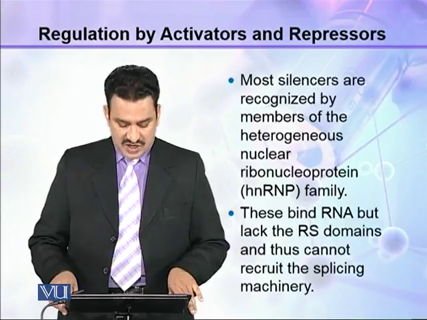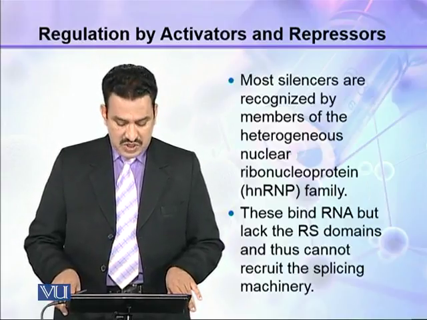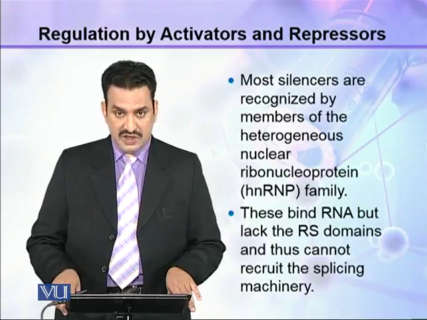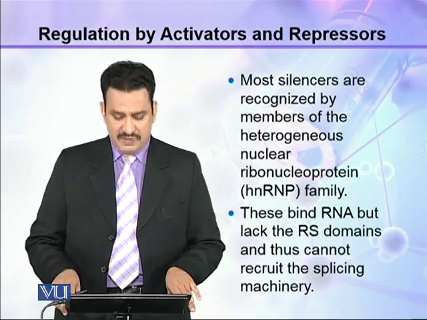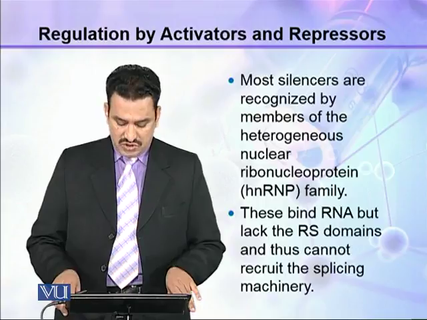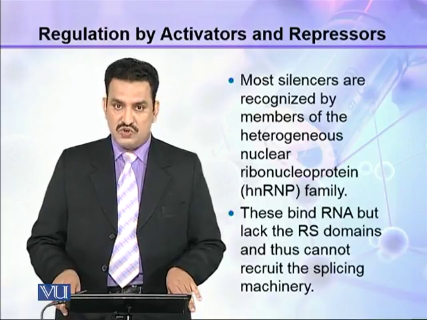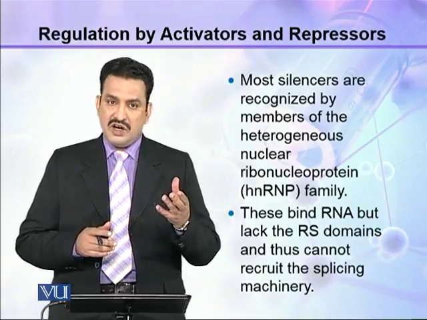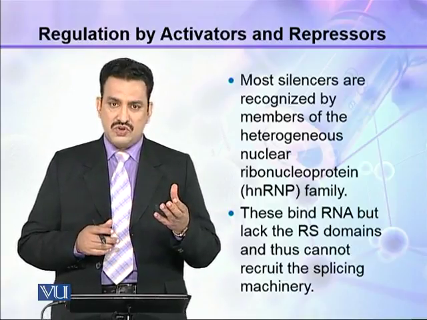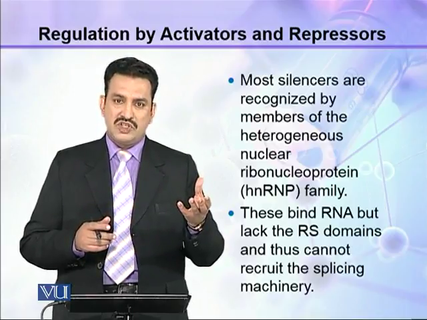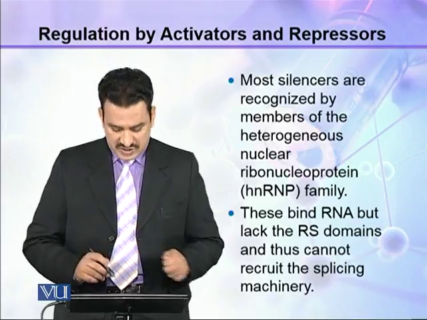Most silencers are recognized by members of the heterogeneous nuclear ribonucleoprotein, hnRNP, family. These bind RNA but lack the RS domains and thus cannot recruit the splicing machinery. So they can bind, but they cannot bind to the spliceosome machinery, and therefore they cannot recruit the spliceosome machinery there.